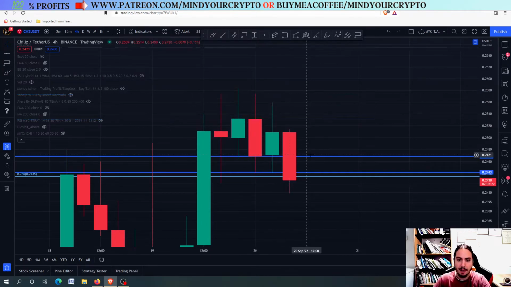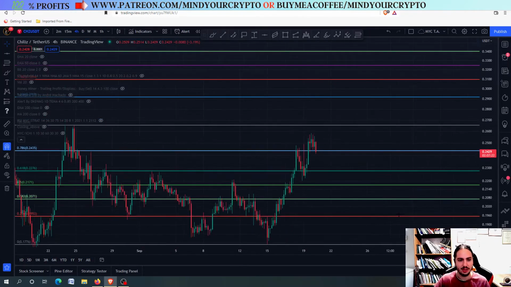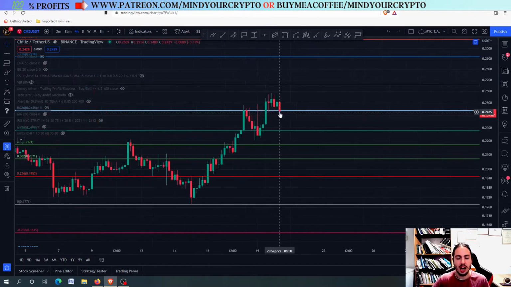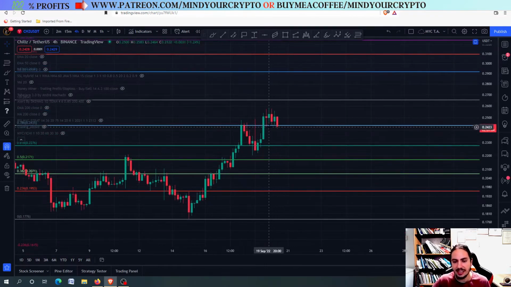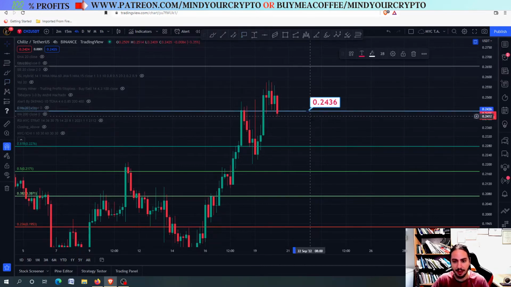Now, combining all this information, why did we say that? Because right now you can see that what we want to do is simply to move the Fibonacci from the top to the bottom right here. What we need is the Fibonacci retracement, the 0.2436 level, which is the 0.786, and 0.2436 is the price.